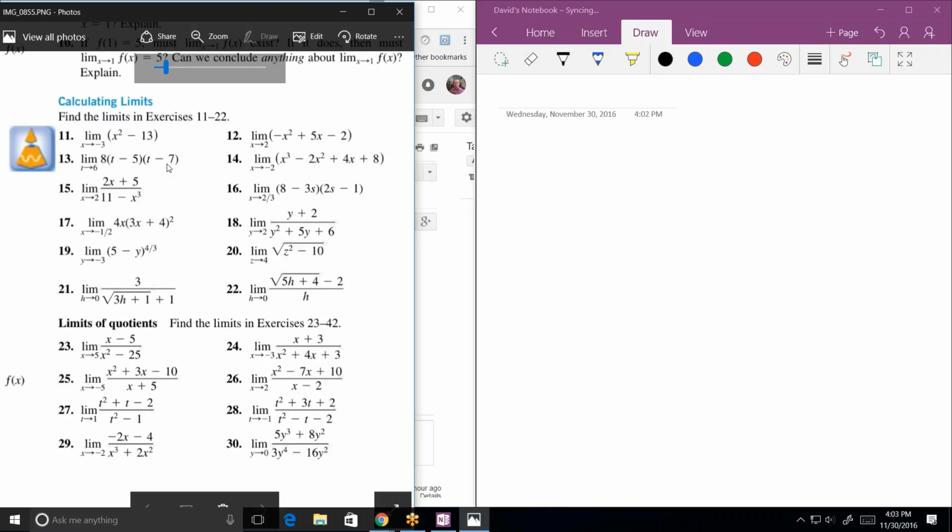These, incidentally, are always easy. The only ones that are ever tough are where you get 0 over 0. For example, 22. When you plug in 0 for h, you get 0 over 0. That's indeterminate.